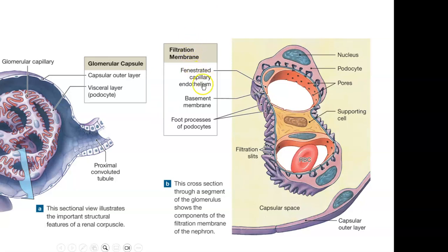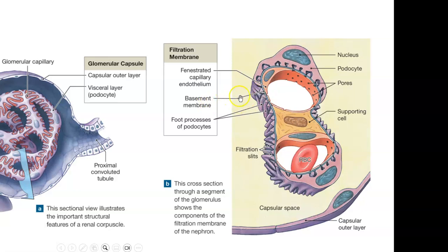The filtration membrane consists of the capillary endothelium, which just is the lining of the blood capillaries. It's simple squamous epithelial tissue, but we call it endothelium. There's a basement membrane attached to the endothelium of the capillary.